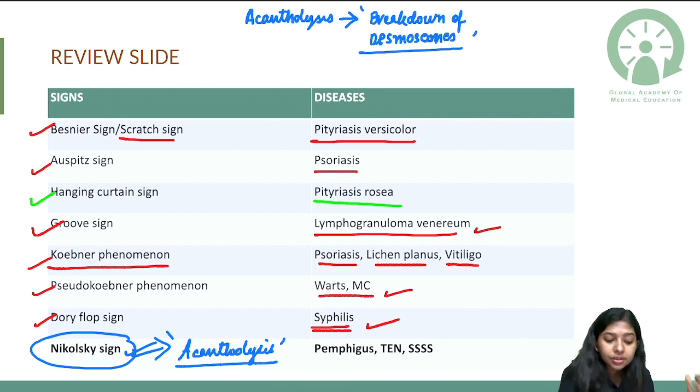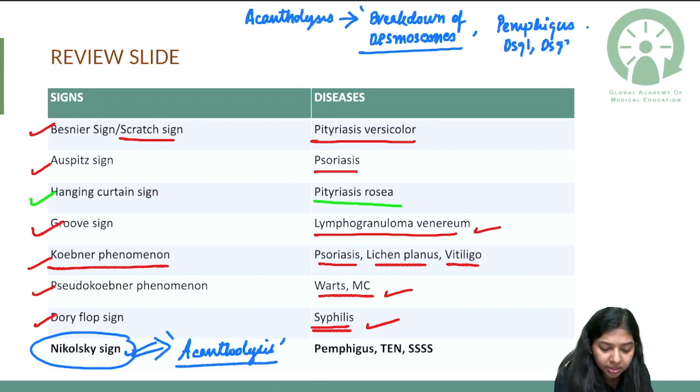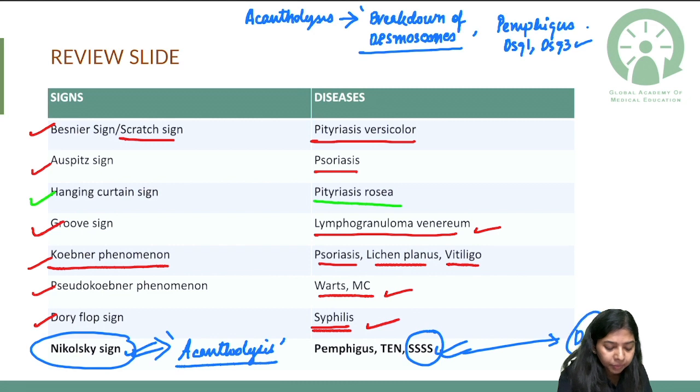What are the disorders where you get a breakdown of desmosomes? You get it in pemphigus, pemphigus vulgaris, foliaceus, desmoglein 1, desmoglein 3, it's broken, right, because of autoantibodies. You also get it in staphylococcal scalded skin syndrome. There is a breakdown of desmoglein 1, right? So you will get a Nikolsky sign here also.